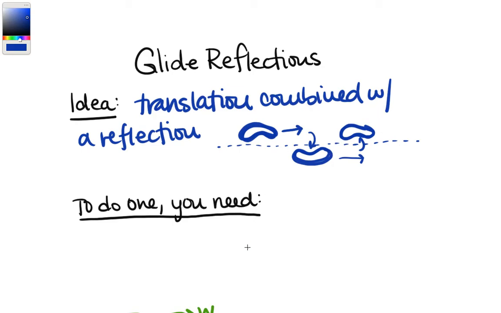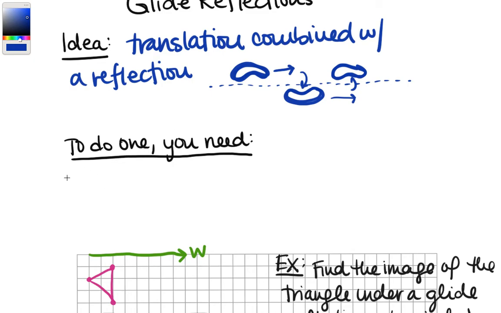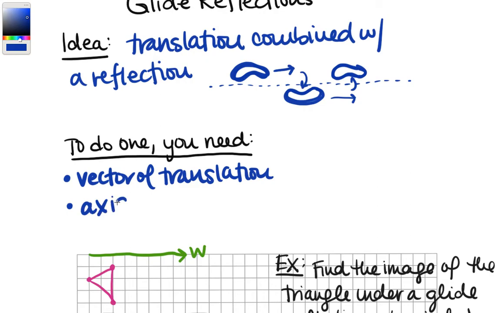All right. To do a glide reflection, we need a couple of things. One thing that we need is the vector of translation. And then the second thing we need is the axis of reflection.